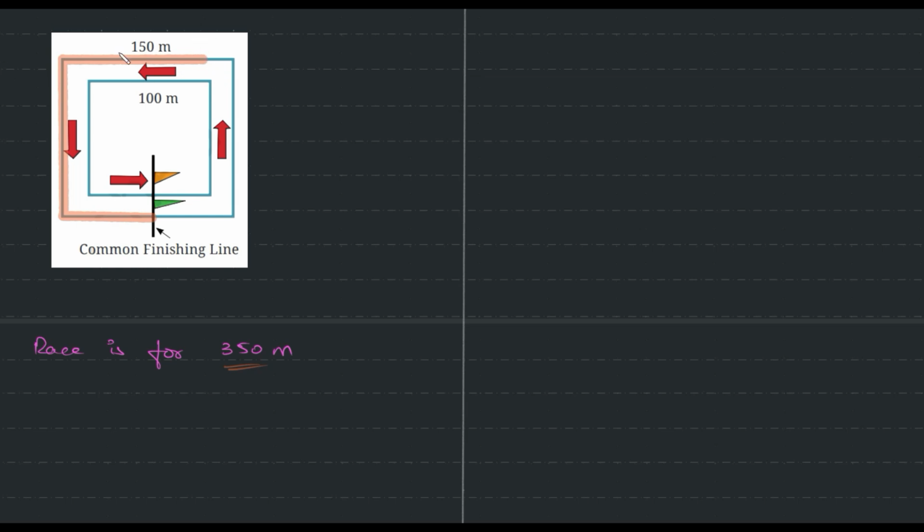So we are starting over here. My question is, how much is it from this point, which I'm marking as the corner, to this end? That would be 150 minus 25. That is 125 meters. So, outer track verification.